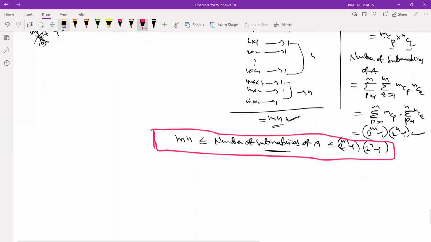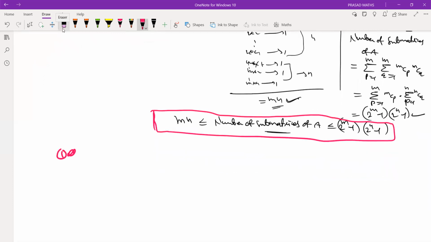Suppose you are given a question. Suppose your matrix is A equals Aij of order 6 by 7.